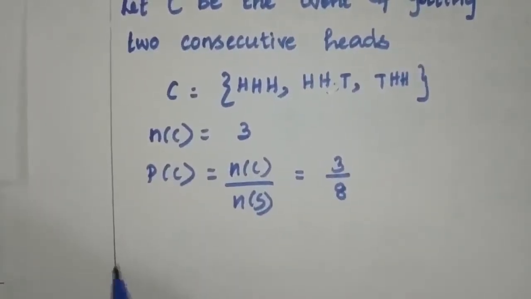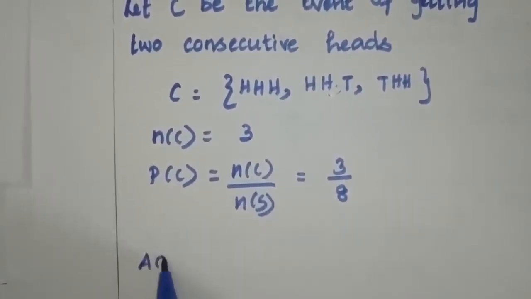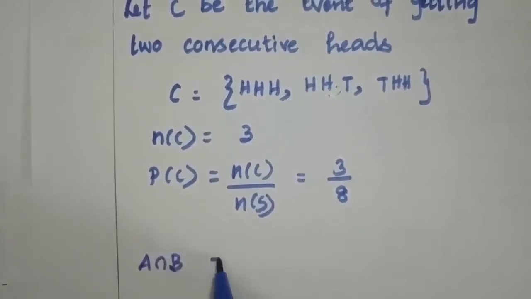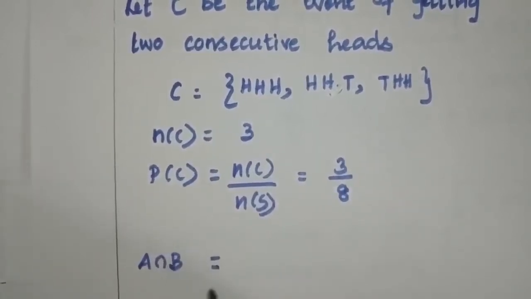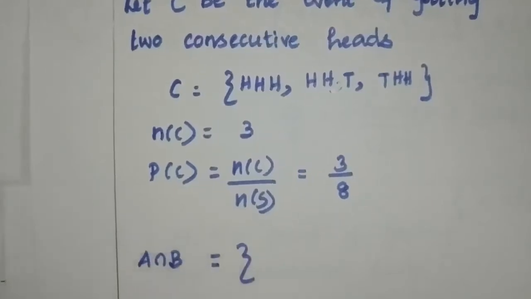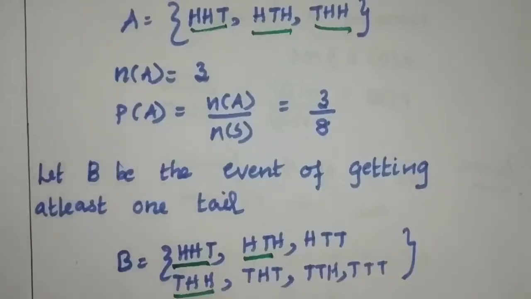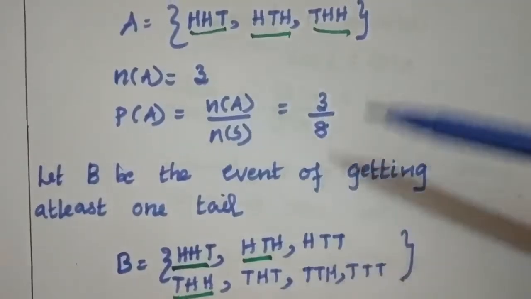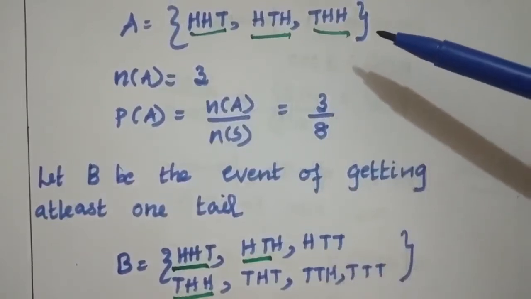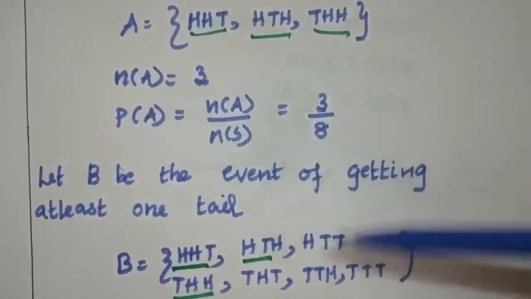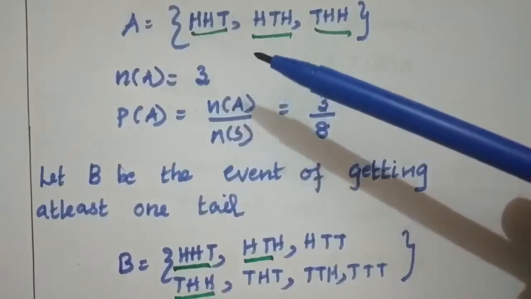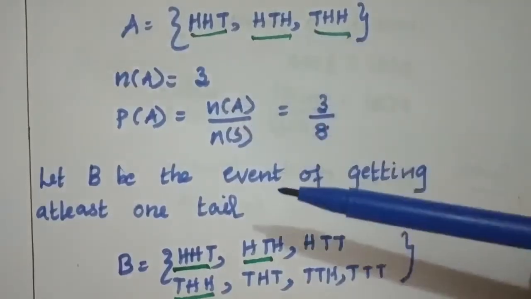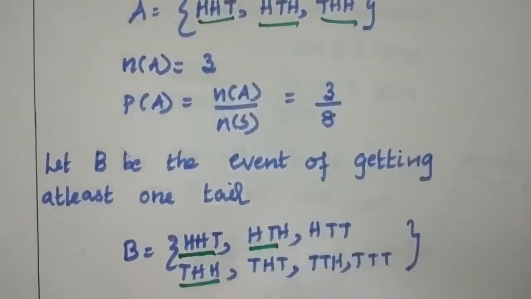The next point, we have to find A intersection B. That is the sample points common between A and B. The sample points common between A and B are HHT, HTH and THH.